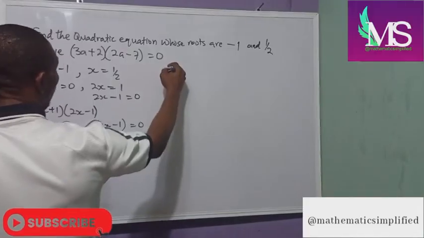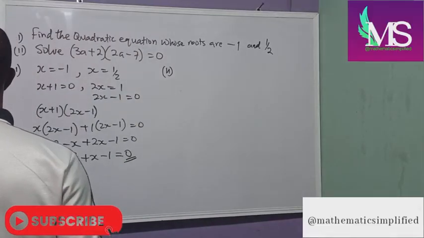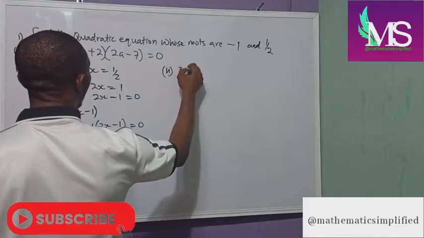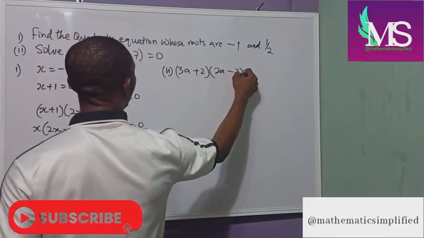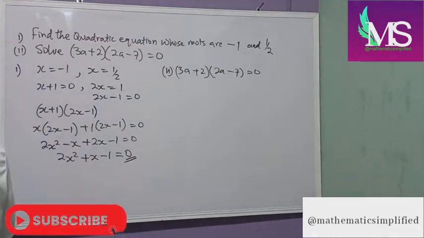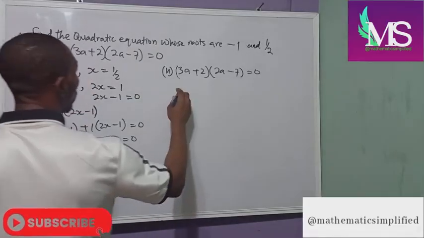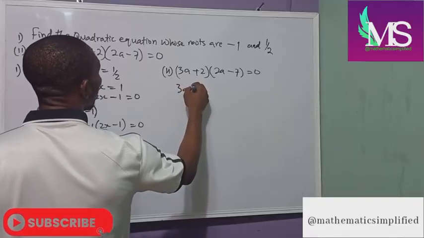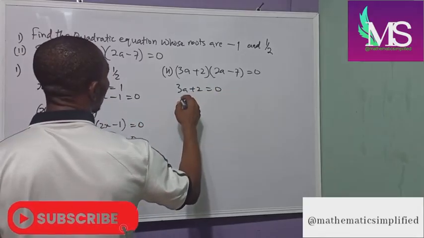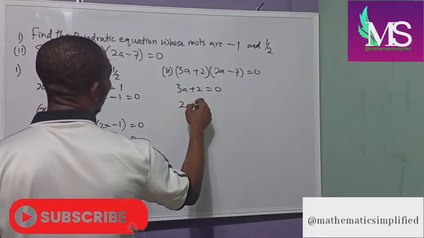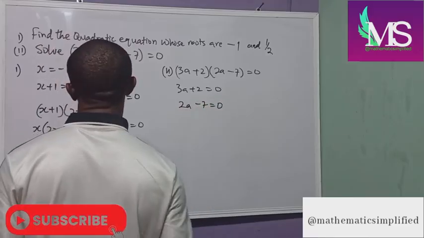Now, for the second part, it says solve 3a plus 2 and 2a minus 7 equals 0. So if we are to solve this, we'll expand it. Okay, so we can do it as 3a plus 2 equals 0, and 2a minus 7 equals 0.